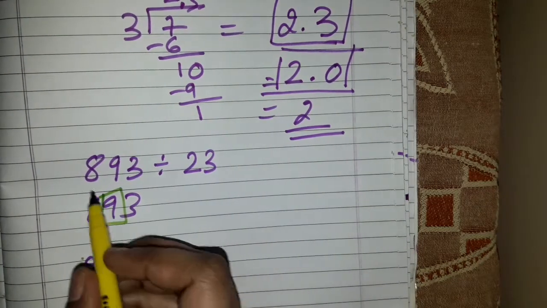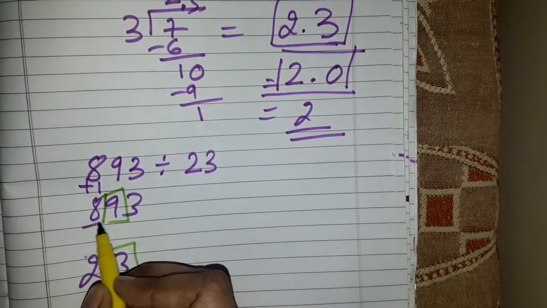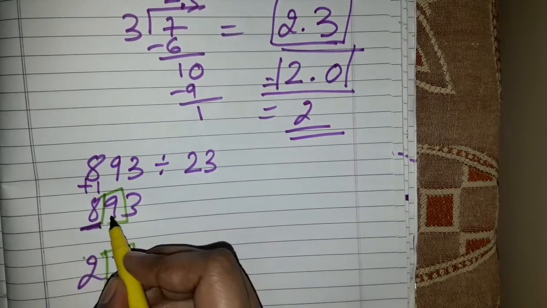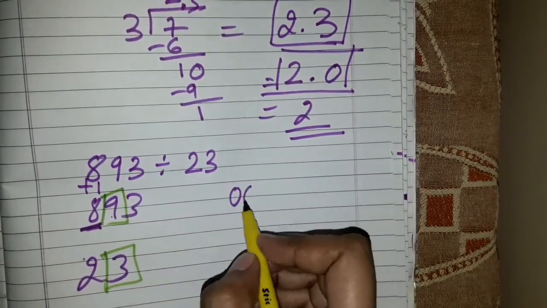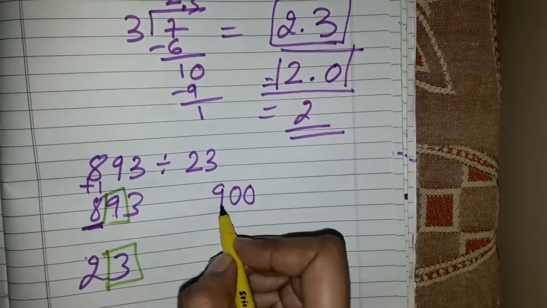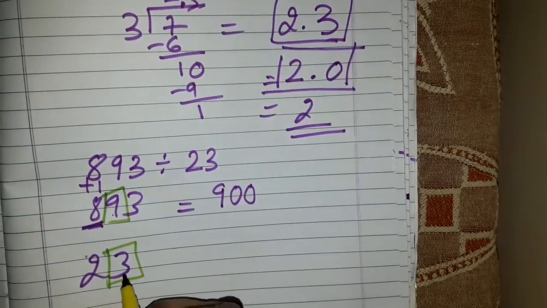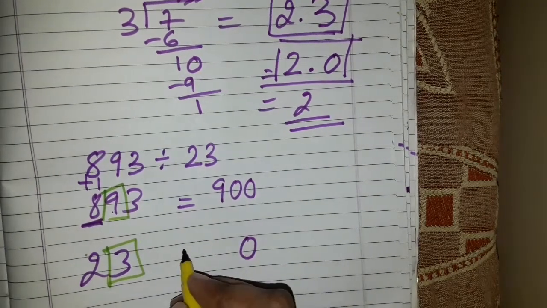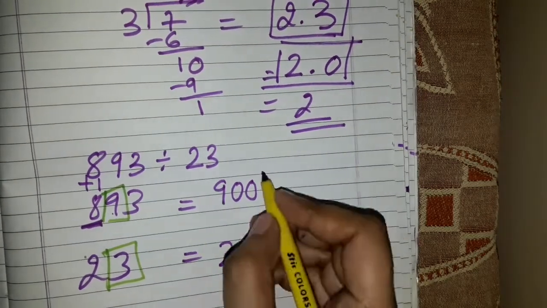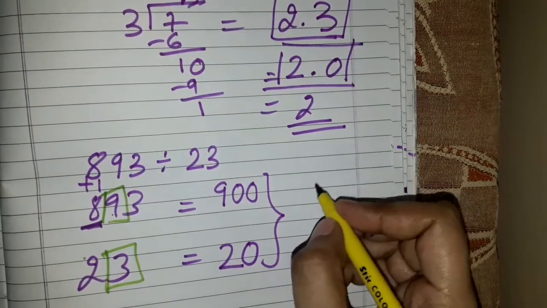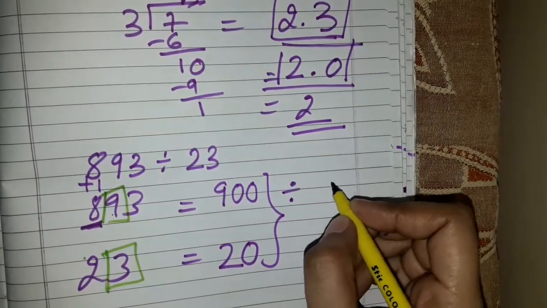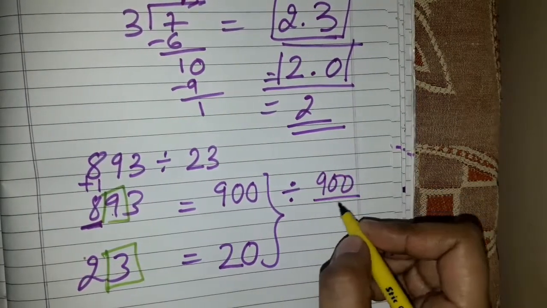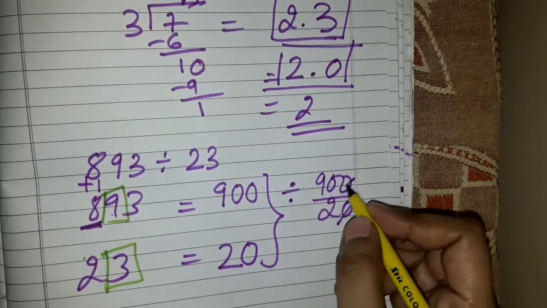So the more than 5 digit will give plus 1 to the digit mentioned on the place value. So 9 will become 0, 3 will become 0 and 8 plus 1 will give you 9. In 23, the right hand side digit 3 is less than 5, so it will become 0 and the other part will remain the same. So these two are the new numbers which have to be divided. Now 900 divided by 20, cancelled.